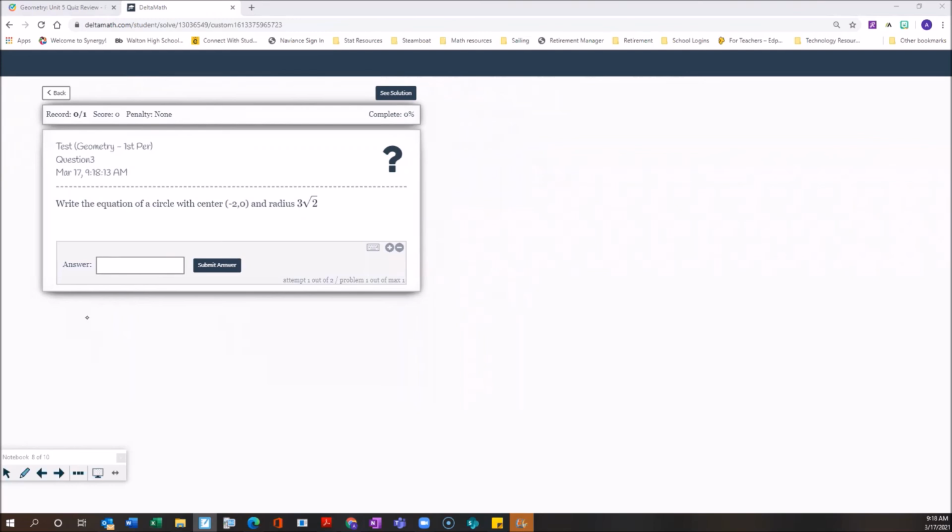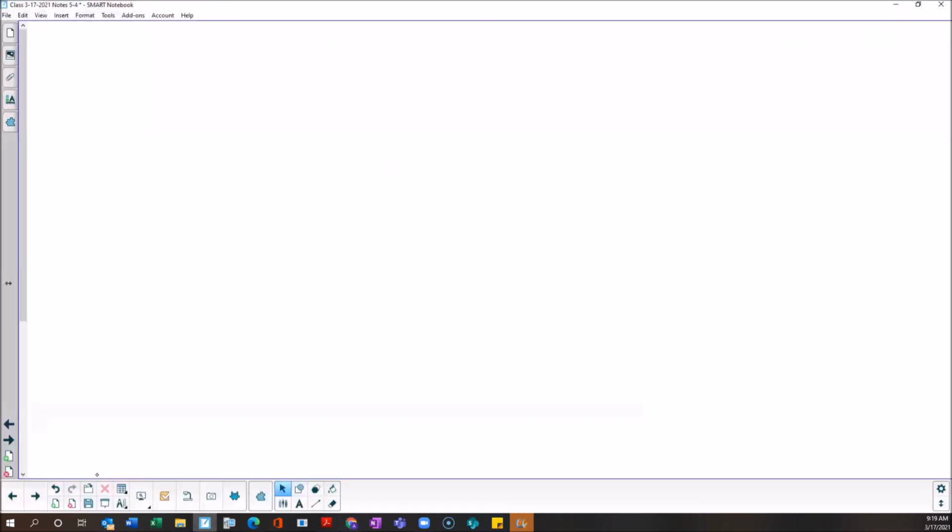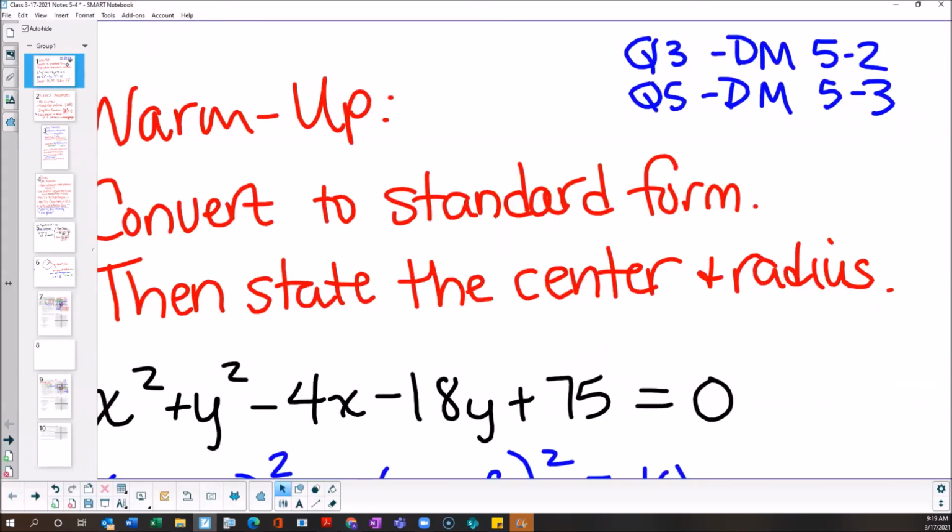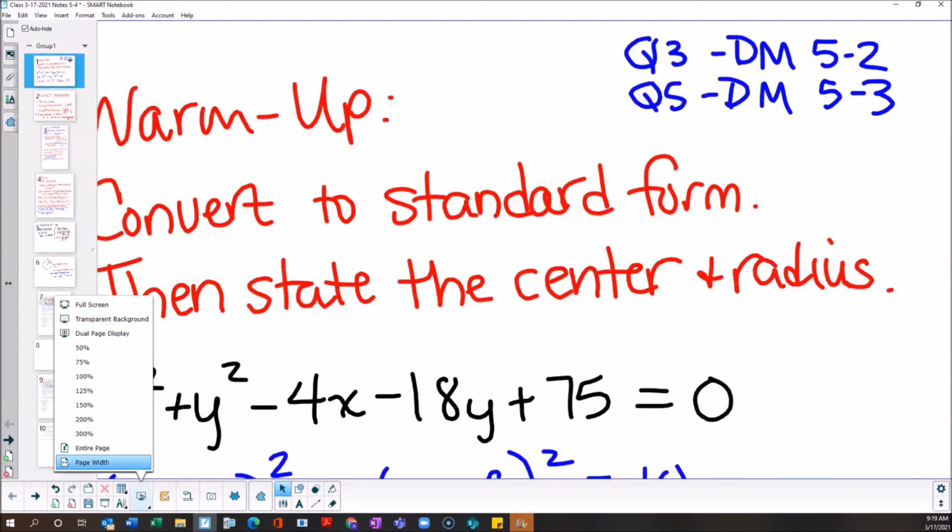The other question was, let me look, from last night's homework. Question 3 last night, and okay, Question 5 from last night.